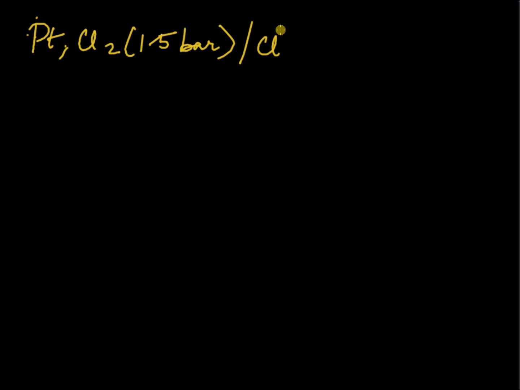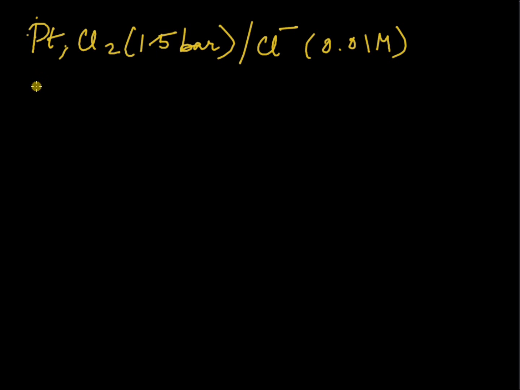In the 8th question, you are required to calculate E reduction of the chlorine electrode. The electrode is Pt bar Cl2 gas at 1.5 bar pressure bar Cl minus ion at 0.01 molar concentration.